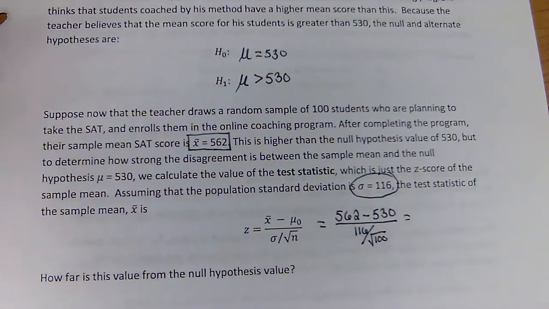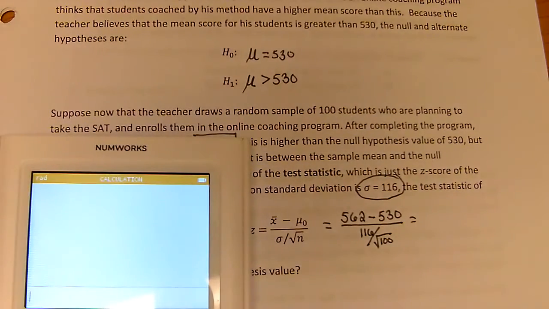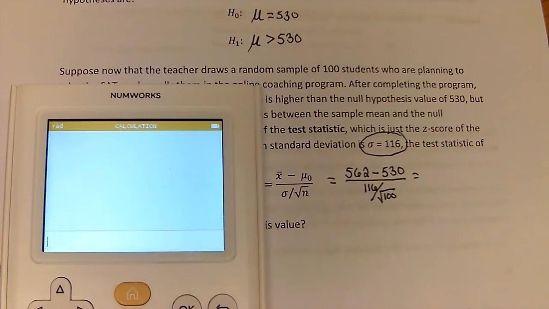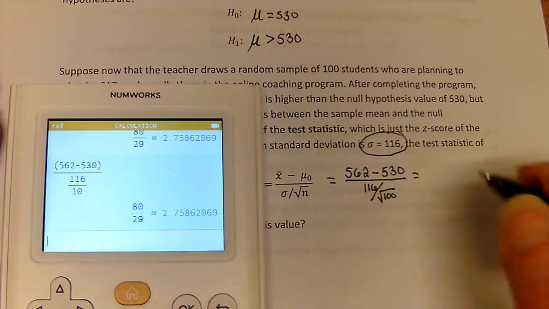And we get a z-score from this. Remember, a z-score is telling me how many standard deviations I am from that hypothesized value. So I'm going to do 562 minus 530 divided by 116 divided by the square root of 100.